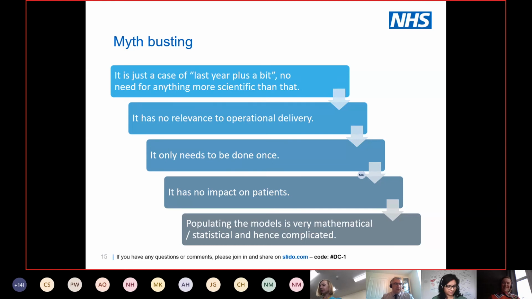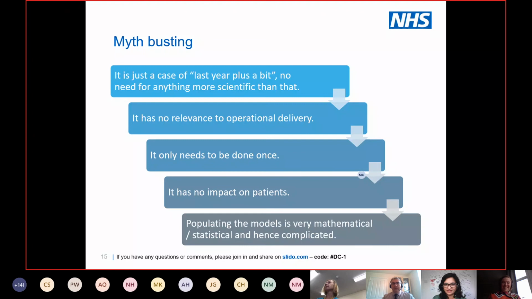The more models you complete, the more you work with operational colleagues, the more you'll find that actually to keep up with the pace of change, your models will need refreshing and updating. And as you work through an iterative cycle of exploring actions and issues, then you'll want to keep on updating those. It's no impact on patients. Absolutely not.